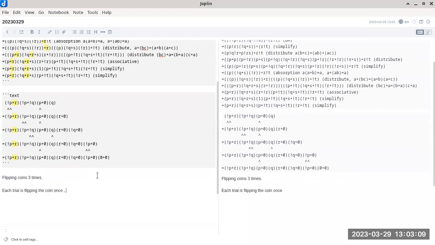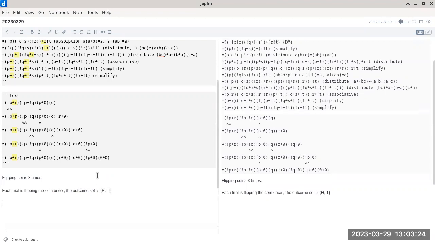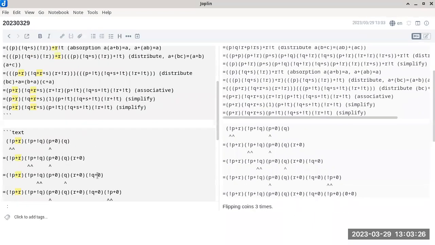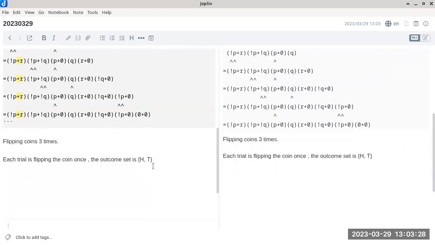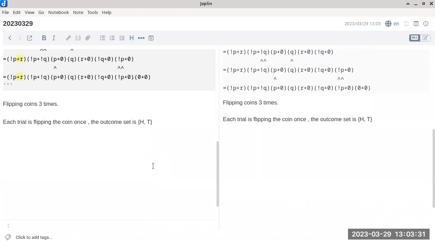So in that case, the outcome set is, I'm just going to use regular non-formatted math stuff here, either head or tail. So are we doing okay so far with this part here? I'm just going to zoom in a little bit. Are we doing okay so far with each trial being flipping the coin once? The outcome set is head or tail.